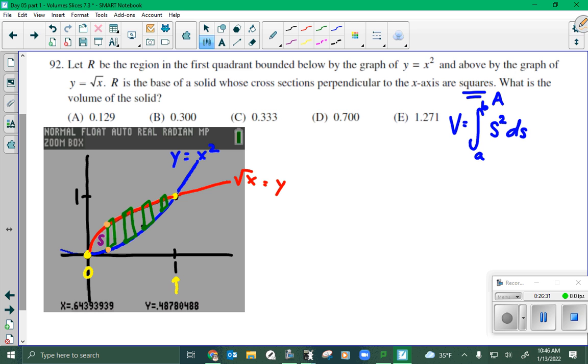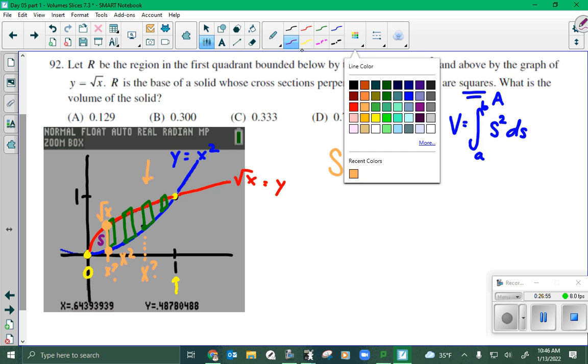So look, I take whatever x value is right here. I don't know it. I take the square root of x, because that's this point, and I subtract x squared, which is that point. And that's the length of this side. So my side, for every square, even the square right here, let's do this one. Whatever x value this is here, I'll do this in a different color.